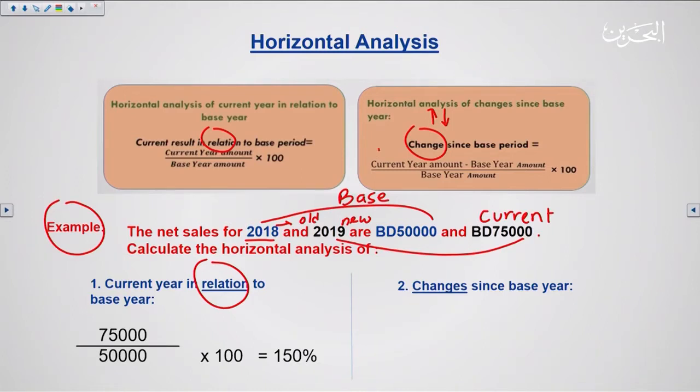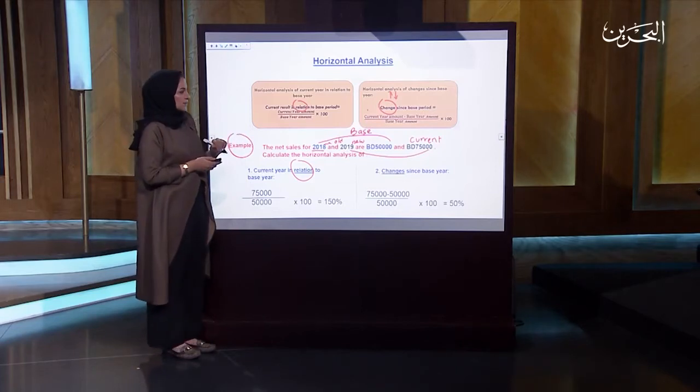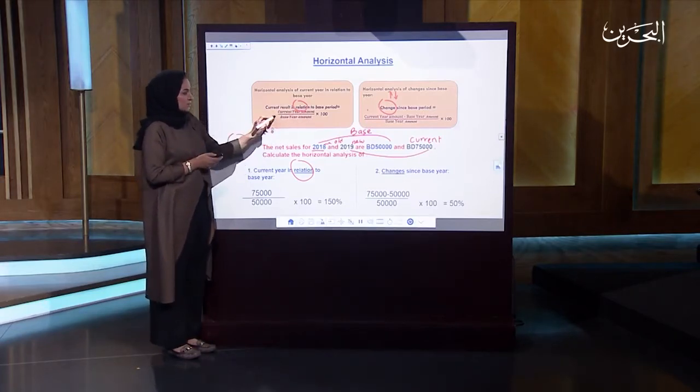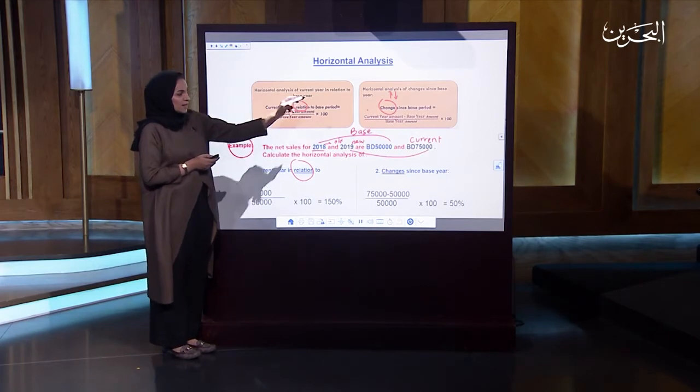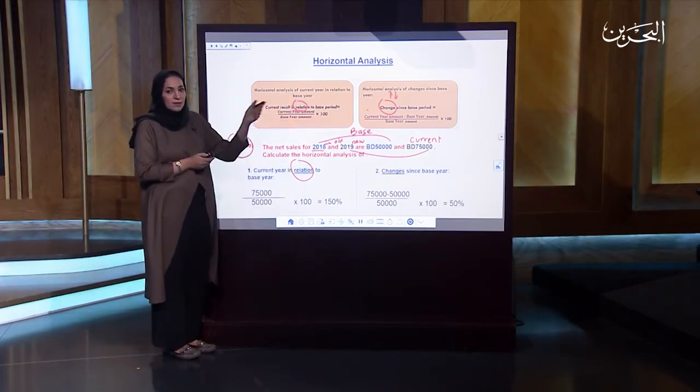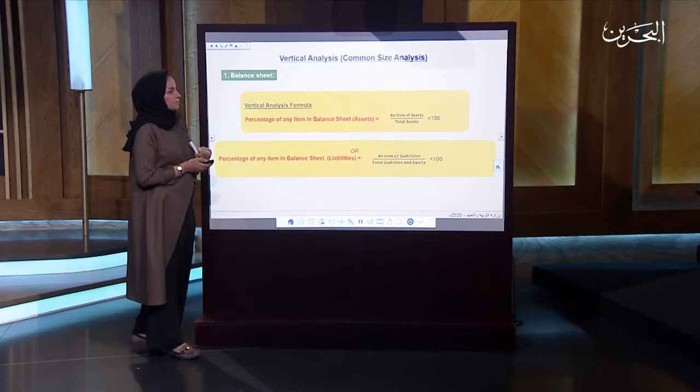It means current minus base amount divided by the base amount. So let's see the answer. It's 75,000 minus 50,000 over 50,000 multiplied by 100 equal 50%. This was a quick reminder of the previous lesson. It's two formulas. When we see relation, we have to apply the first formula, and the percentage change, we have to apply the second formula.